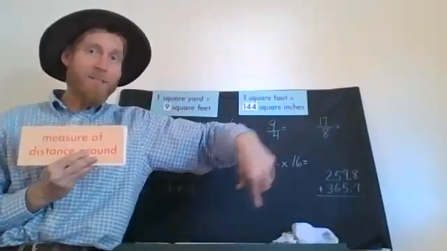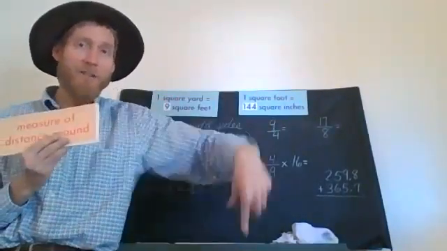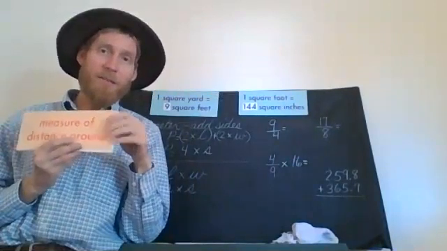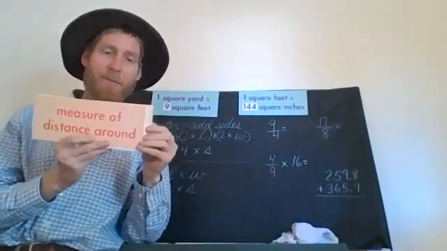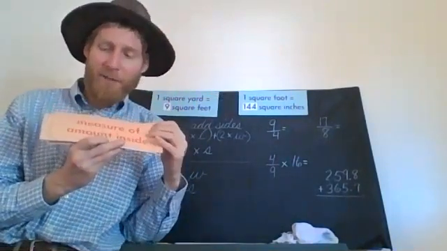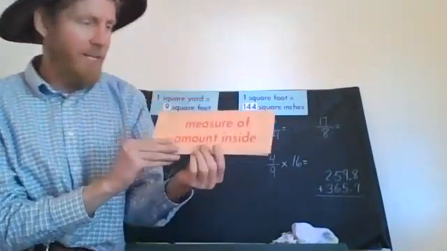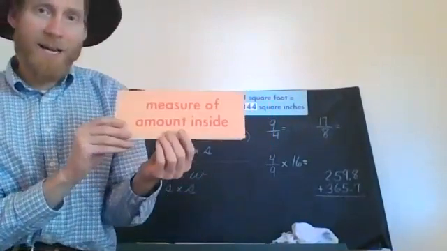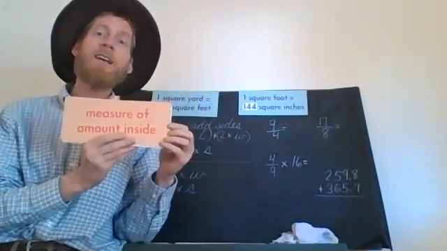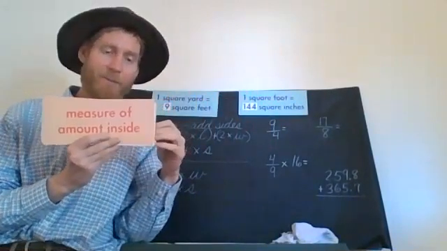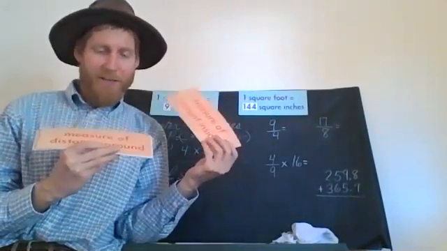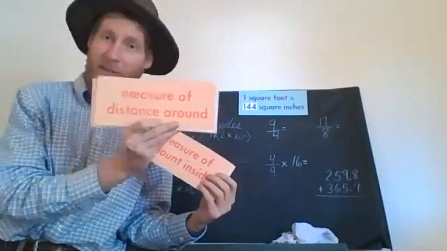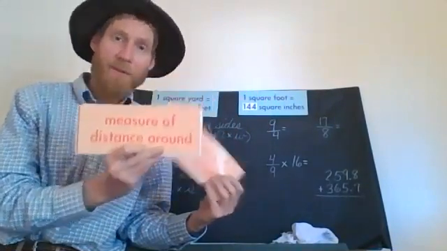Versus around, the outside edge is perimeter. So there's area and perimeter. So know the difference between area and perimeter. So measuring the amount inside is what? Area. All right? Measuring the distance around or on the outside, perimeter.